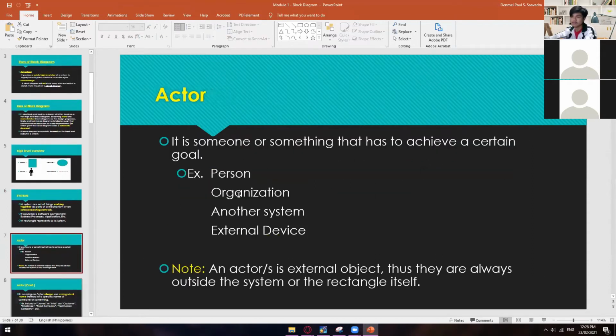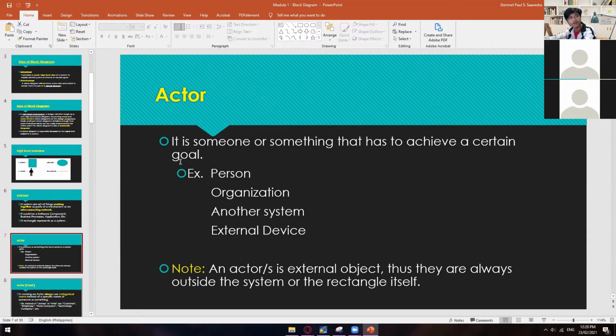Right. Next one here is an actor. It is someone or something that has to achieve a certain goal. What does that thing need in our system?